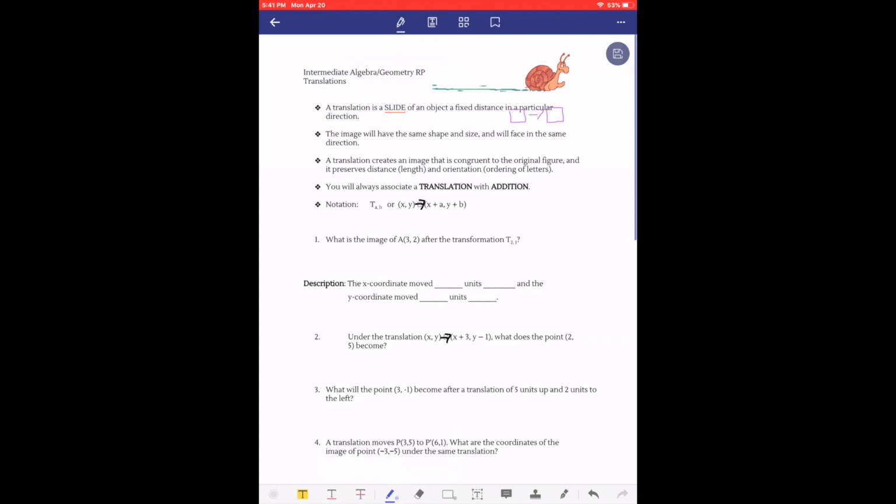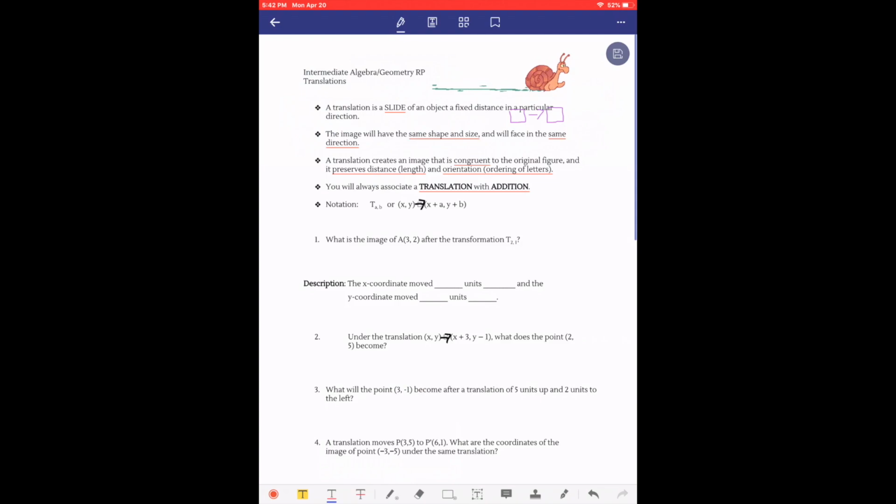The image will have the same shape and size, and it will face in the same direction. A translation creates an image that is congruent to the original figure, and it preserves distance, length, and orientation, ordering of the letters. You will always associate a translation with addition.